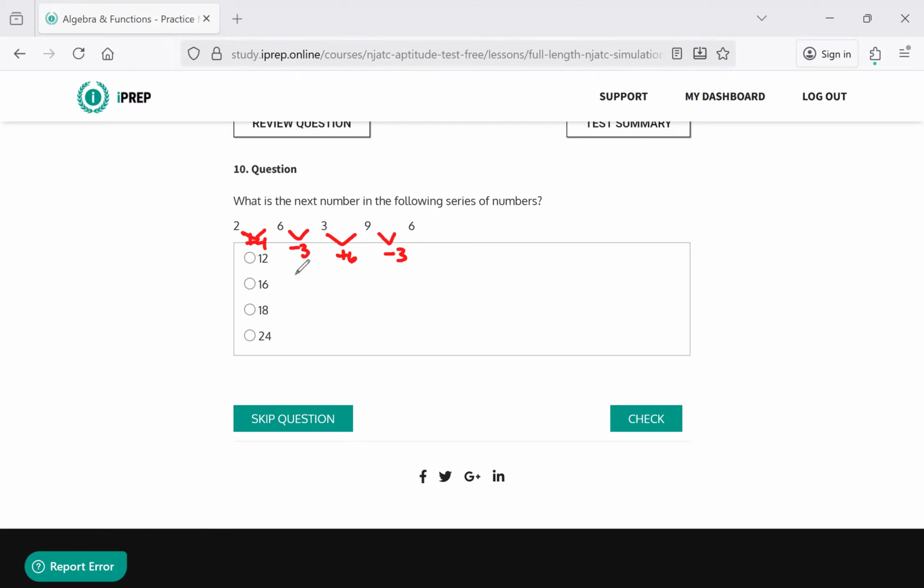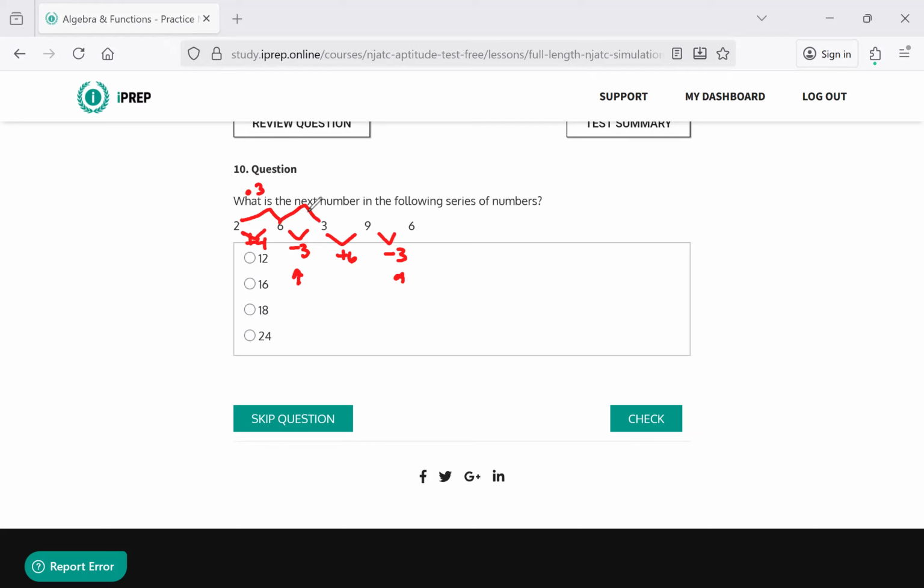Not really. The only thing I see is there's a minus 3 here and here. So maybe if addition doesn't work, is there a number that we multiply instead of adding or subtracting? So let's do this again, but let's use a multiplication factor. What do you have to multiply 2 by to get 6? I would say times 3, right?